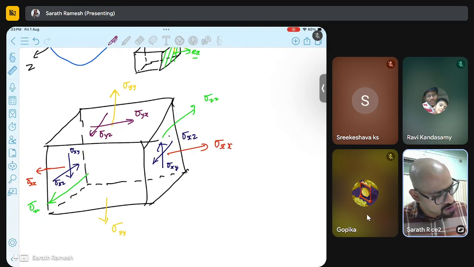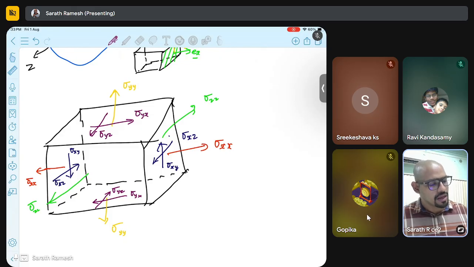Downward also sigma yx, sigma yz. Similarly, in the front face and the back face, we will have two more shear components.